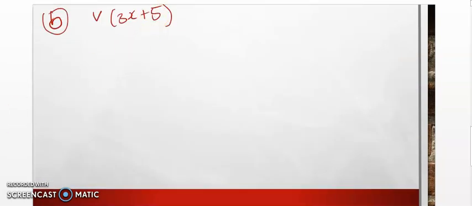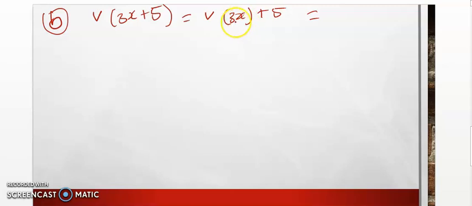So it will mean that v, this is equal to v into 3x plus 5. We need to separate that. This will give us 3x. We have x squared, so you put x.